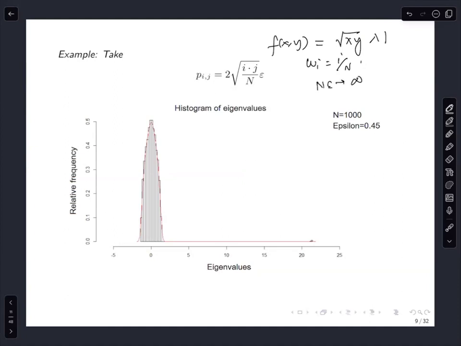Now the picture changes. You can see that the peak around 0 increases, but still there is just one outlier. In this talk, we'll not be interested in this outlier. We'll be mostly interested in the shape of this.